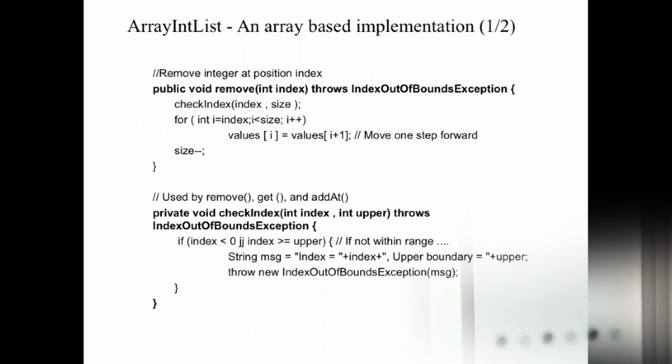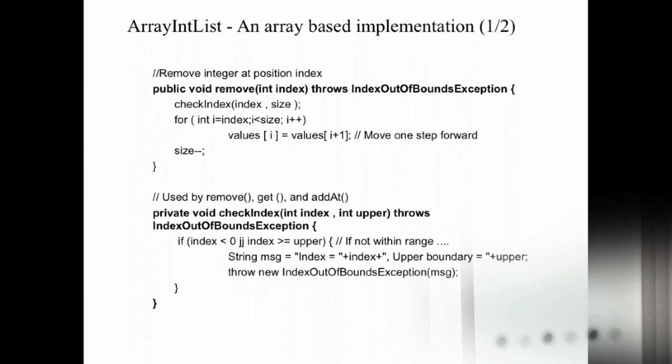So for example, if you have a list where you have added these values 10, 15, 20, 25, 40, the first index is 0, 1, 2, 3, 4, these are the indexes. If the name of this is list, and you call list dot remove and specify the index 2, it means you want to remove this 20.